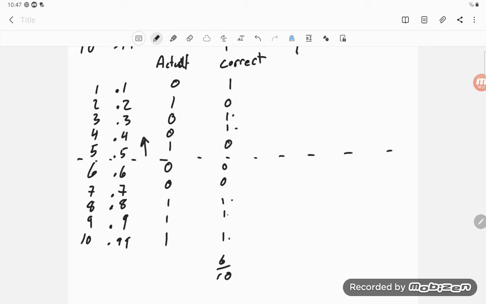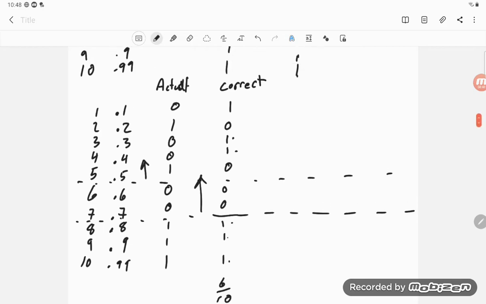Now, just kind of looking at this, because I can see all the data, let's try at 0.7. So if I look at all those, again, this is the 0.5 column. Here's a 0.7 column, and let's look at what I got correct.